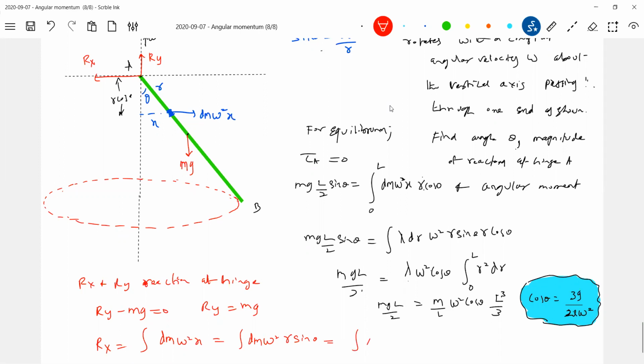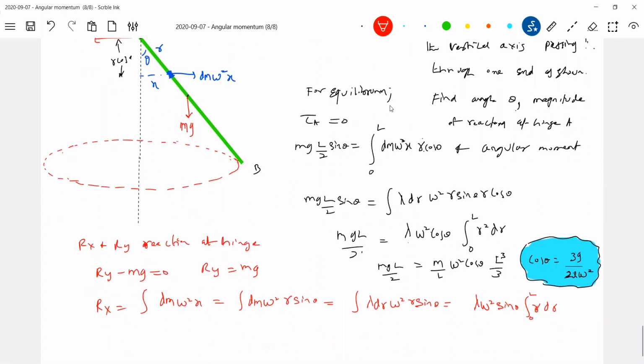Further, what is dm? Lambda into dr. So lambda omega square sine theta r square dr, 0 to L. So Rx is equal to lambda omega square sine theta L square by 2.